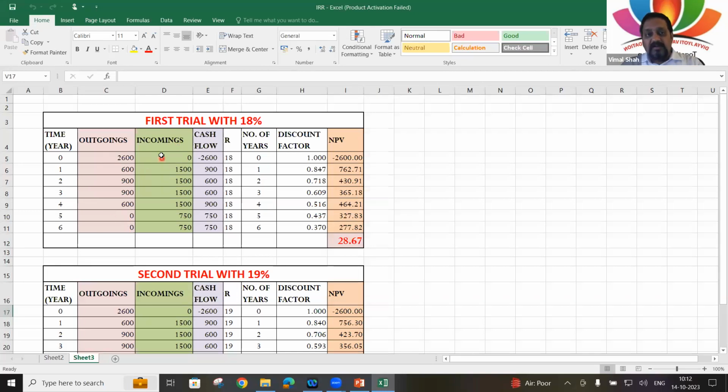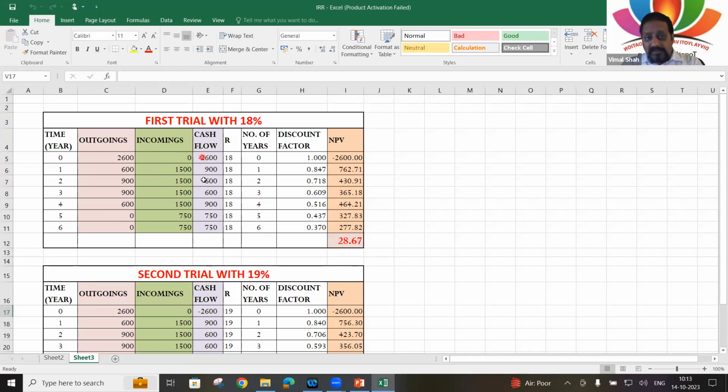The incomings at what time interval, I have put over here. And then my net cash flow: initially the builder has to invest 26 crore. Then first year he has to invest 6 crore. He is getting 15 crore, so net he is getting 9 crore. Similarly, second year, third year, fourth year, fifth year, and sixth year, I have prepared the entire cash flow, what is the cash flow every year, negative or positive.